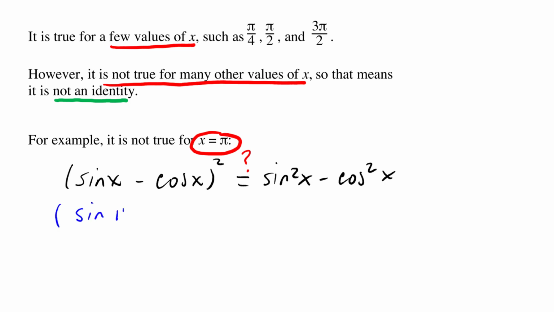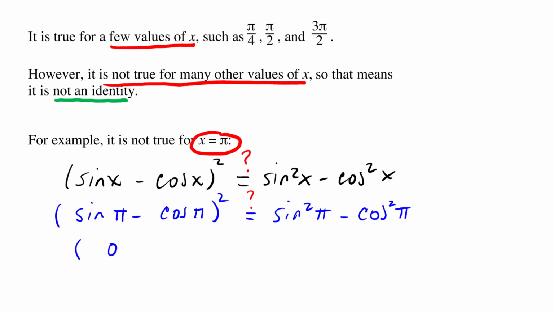So that's the sine of pi minus cosine pi, quantity squared, and we want to find out if it equals sine squared pi minus cosine squared pi. We're going to evaluate each part of this. Sine of pi is 0, minus cosine pi is -1, and that's a whole quantity being squared. And on the right, though, the individual pieces are squared.